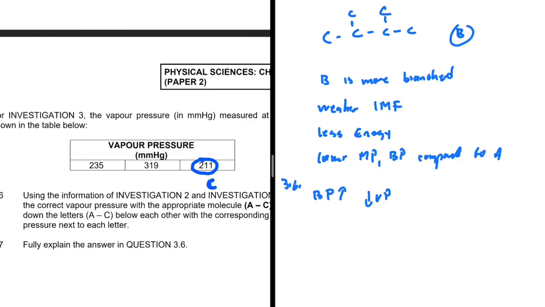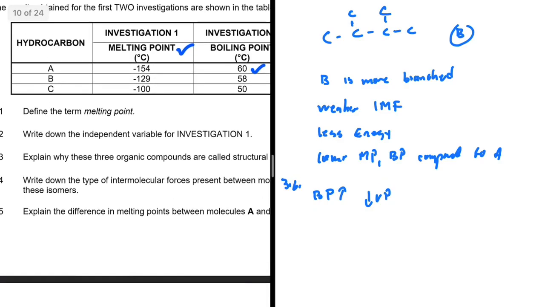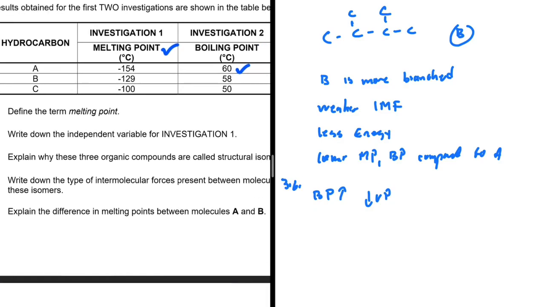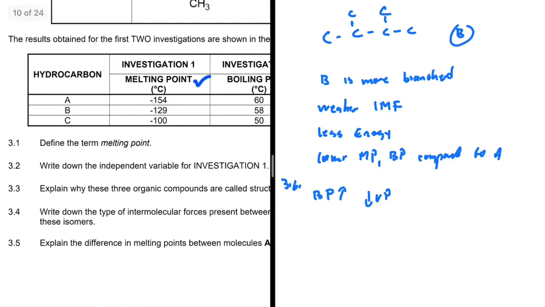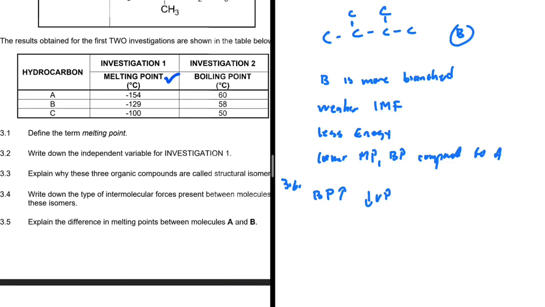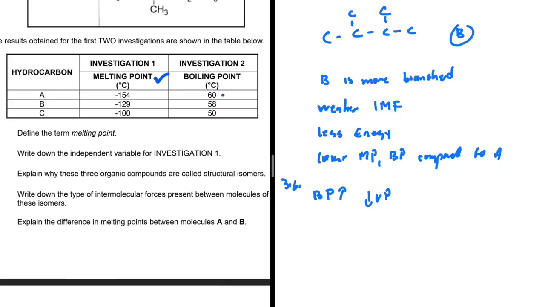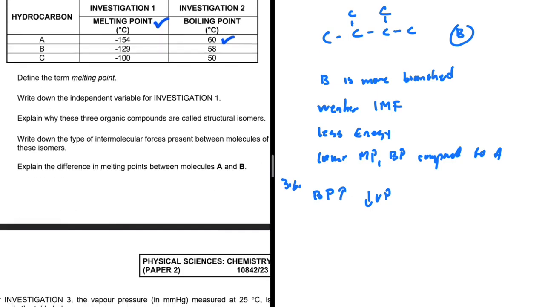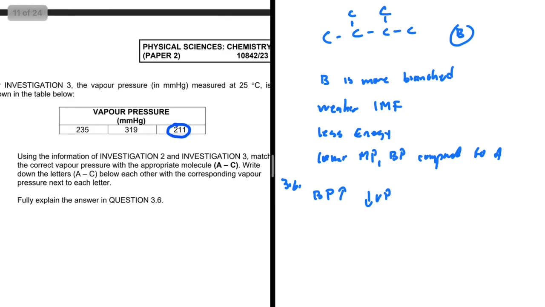So the compound with the lowest boiling point should have the highest vapor pressure. The compound with the lowest vapor pressure should have the highest boiling point, and that is clearly compound A. So here, 211, that is compound A, as it has the highest boiling point.